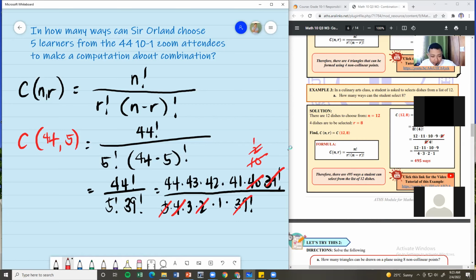Naubos na. And then what else can be divided here? 42, right? 42 divided by 3, that becomes how many? 42 divided by 3 is 14. Correct.